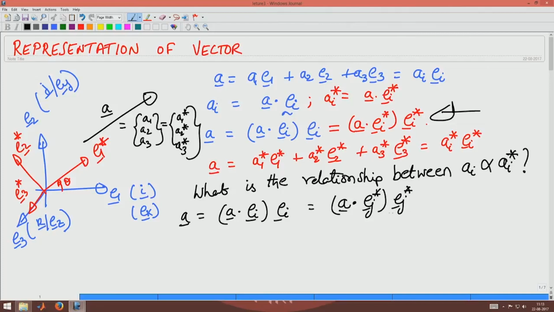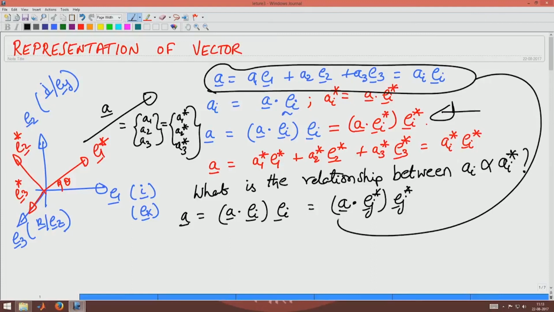Since it is repeated twice, I can change the symbol that I use to represent them, that is what I have done. Now, for A I substitute the fact that it can be written as Ai Ei, and substitute for A here to get A as Ai Ei dotted with Ej star times Ej star.